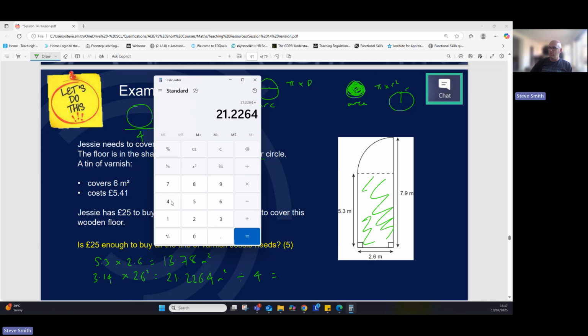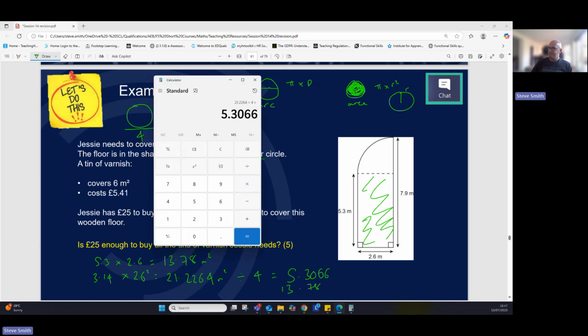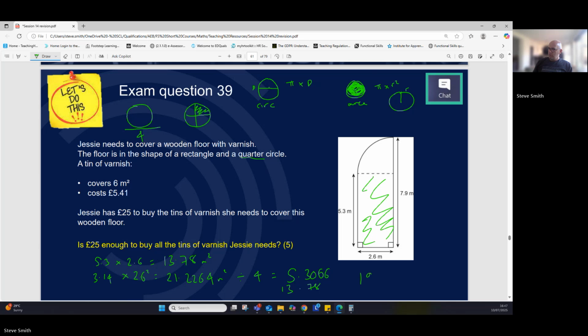So we're going to divide it by 4 because we want 1/4. 5.3066. Add our 13.78. And we've got 19.0866.